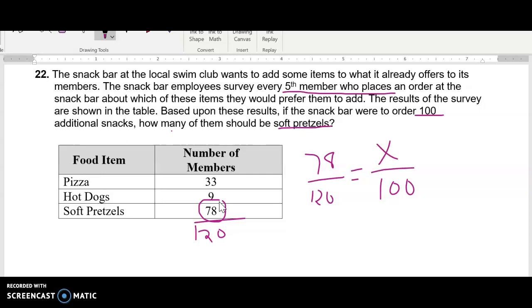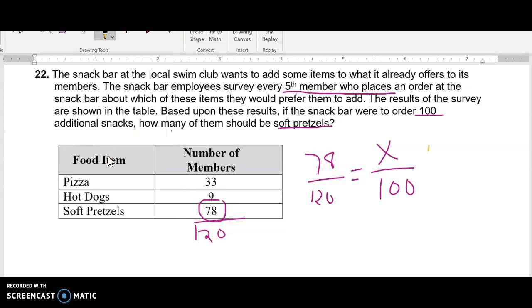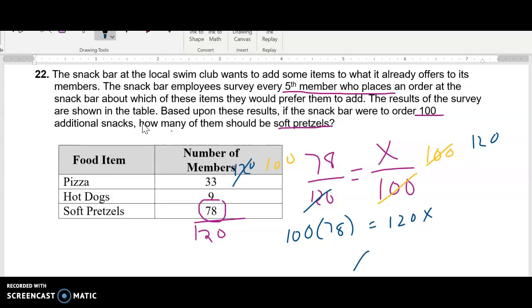Some of you learned to solve proportions by cross multiplying. So you multiply both sides by 100, which gets rid of the denominator on that side, and then multiply both sides by 120, which gets rid of the denominator on that side. So it's 100 times 78 equals 120x. When I solve for x, I get 65.